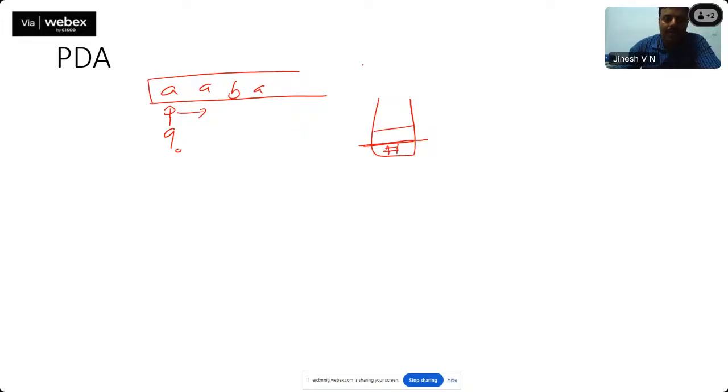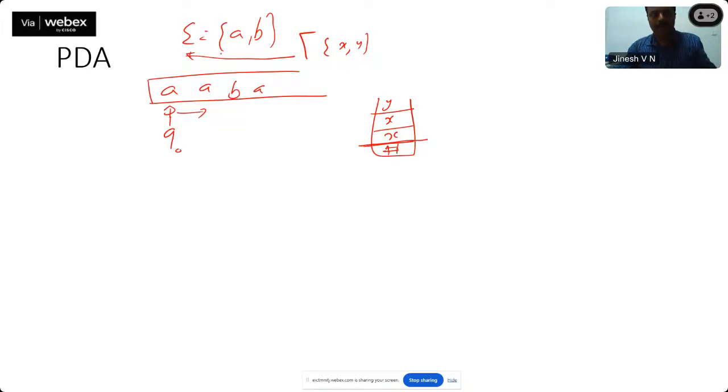So here the input, in this case sigma, is the input symbols a and b. Whenever you read a, suppose you push X to the stack, and whenever you read b, you push Y to the stack. Then your stack symbols, tau, will be the set {X, Y}. That is the difference between sigma and tau.